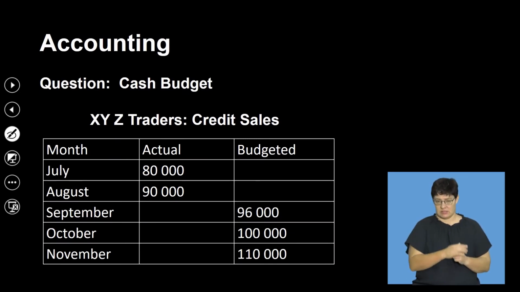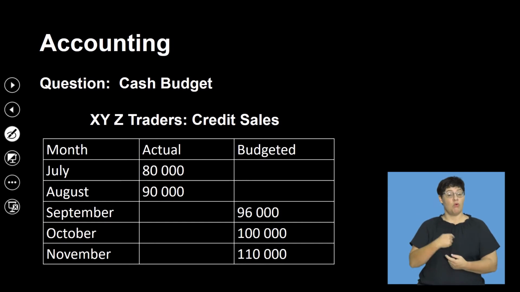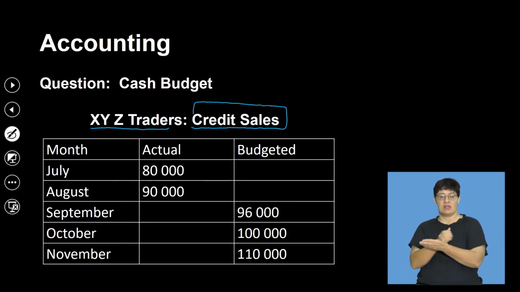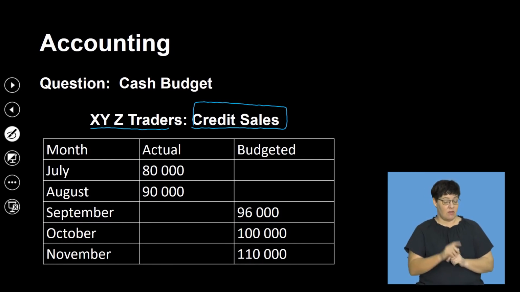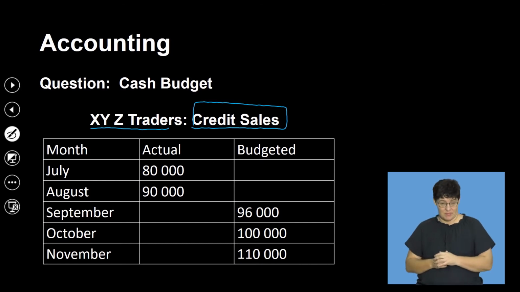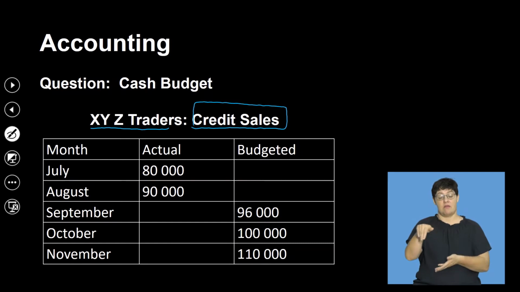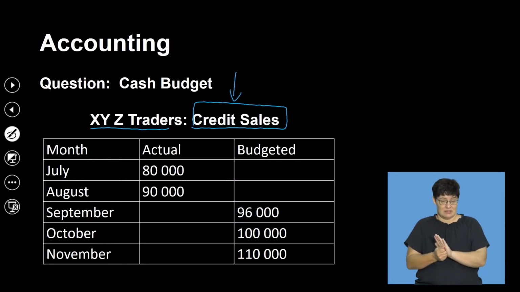We have a table which indicates to us the name of the business and the credit sales. Be extremely wary of this when you are doing questions, whether it be for class purposes, exam purposes, revision purposes. The debtors collection schedule is totally dependent on credit sales.